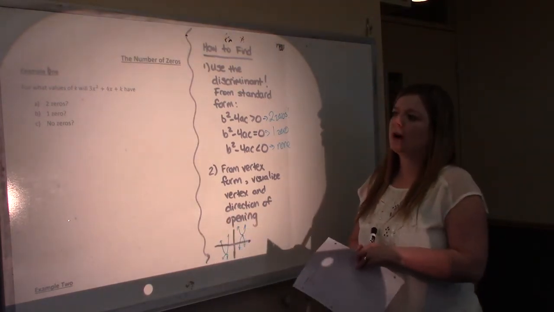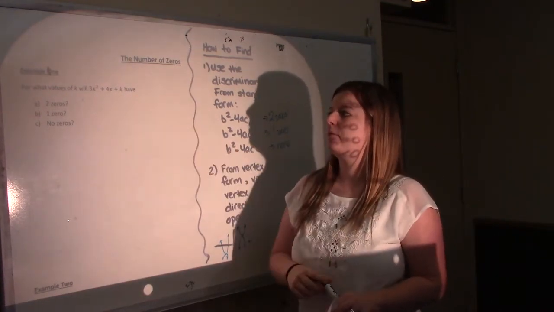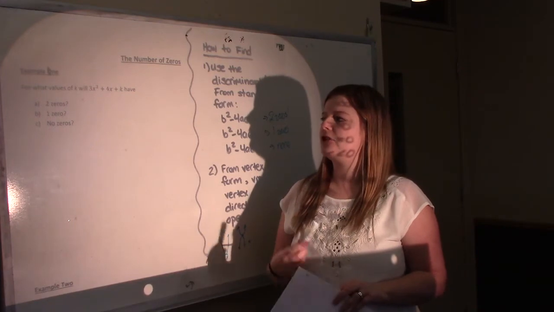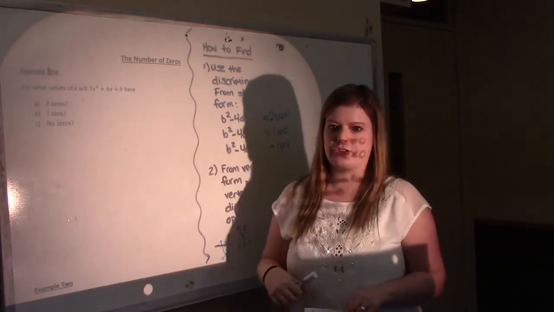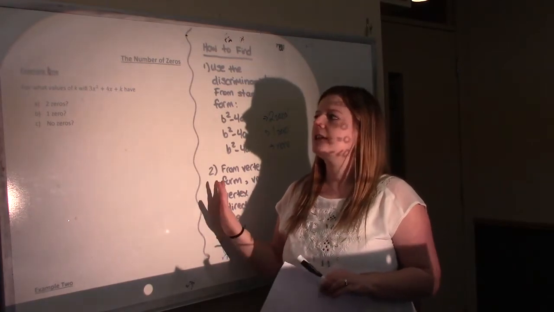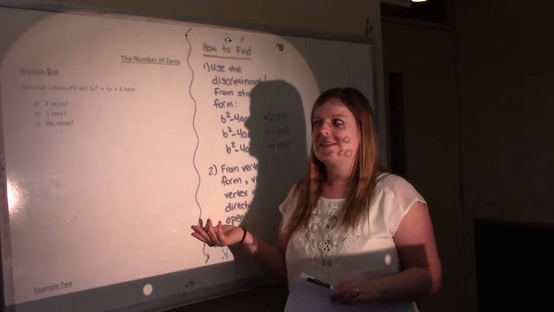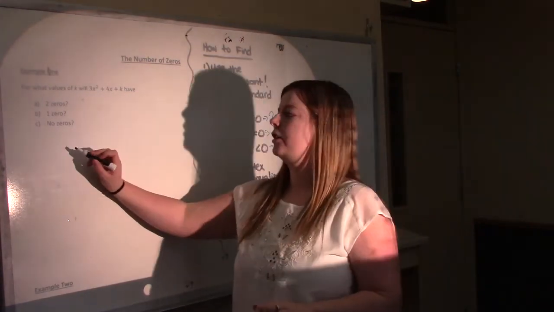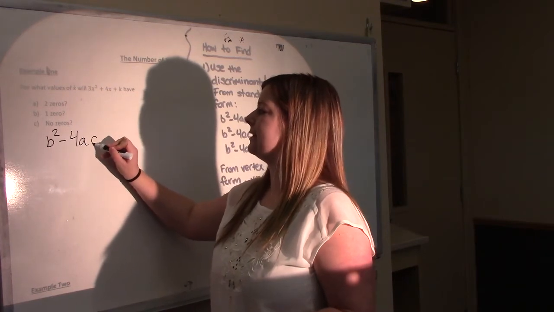So for example 1, for what values of k will this expression have 2 zeros, 1 zero, or no zeros? Sorry, this is an expression, not an equation. Well, the first thing you should do is think, hey, this is in standard form, so I need to use the discriminant. Remember, the discriminant is b squared minus 4ac.